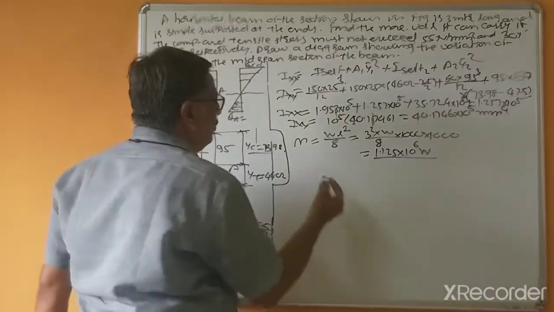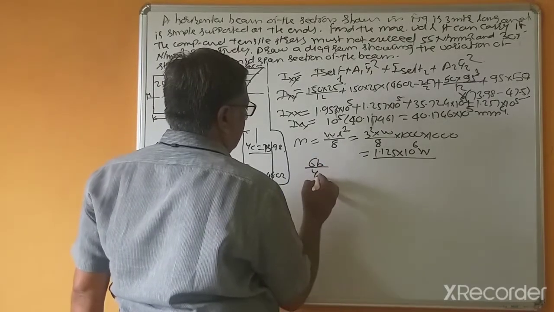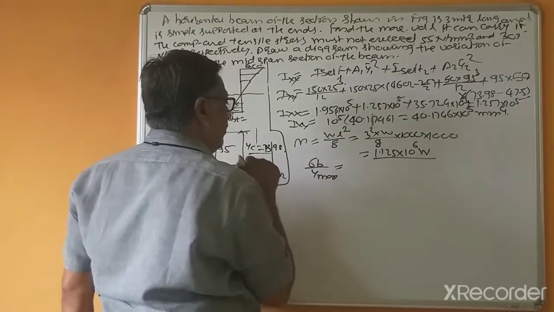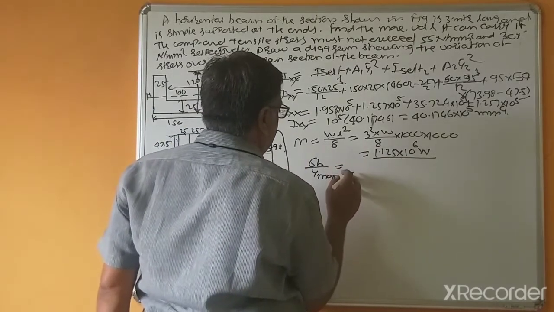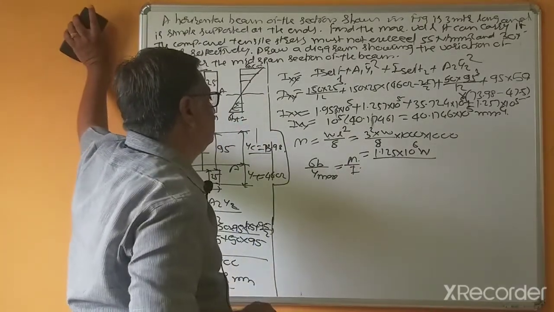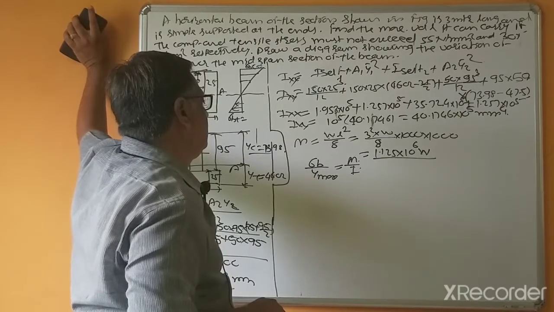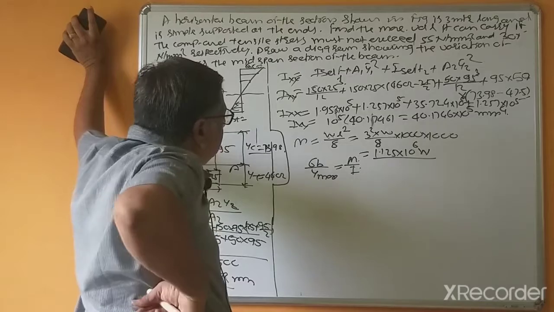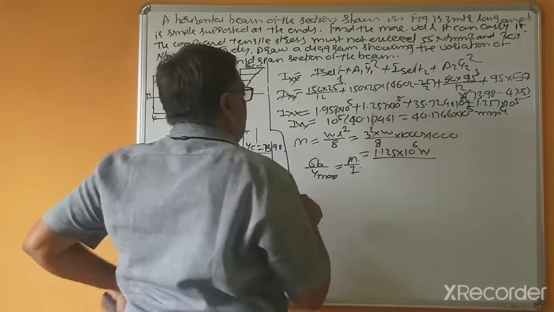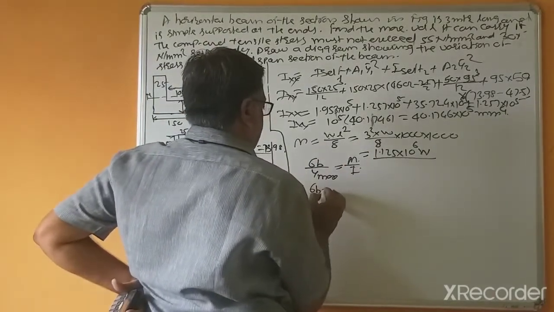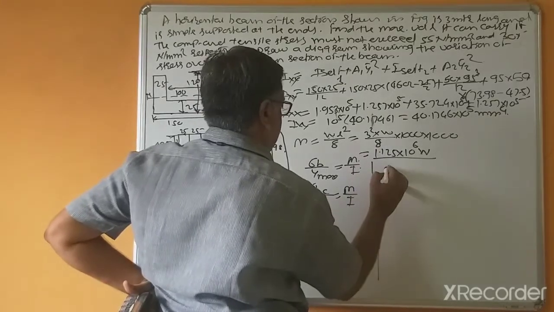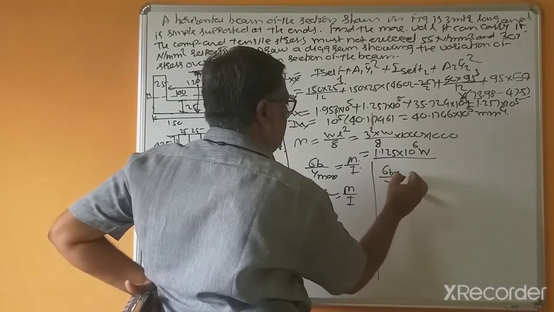Right? Now, what is the formula? Sigma B divided by Y max equal to M divided by I. So here sigma BC, YC and sigma BT, YT.